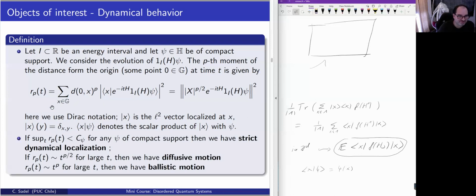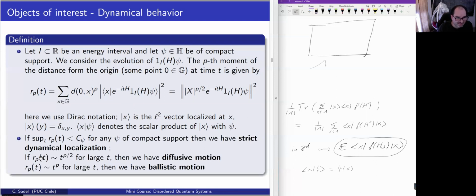And so, if it basically doesn't travel much over all times t, so if the supremum over all times t of this quantity is bounded by some bound that may depend on the initial state psi, then we have strict dynamic localization.